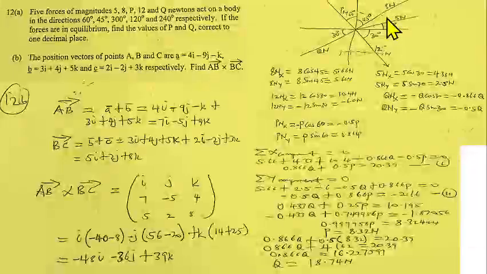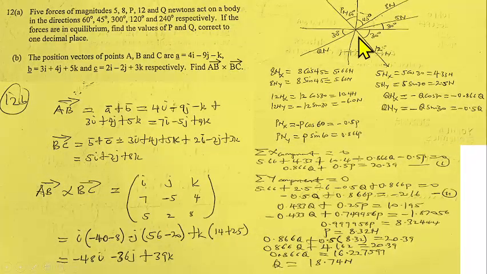Also for the next force, which is 12 Newton, if you resolve it along the x-axis, we have 12 cos 30 degrees. That gives us 10.4 Newton. If you resolve it along the y-axis, y is negative at this axis, so we'll have minus 12 sin 30, that will be minus 6.0.